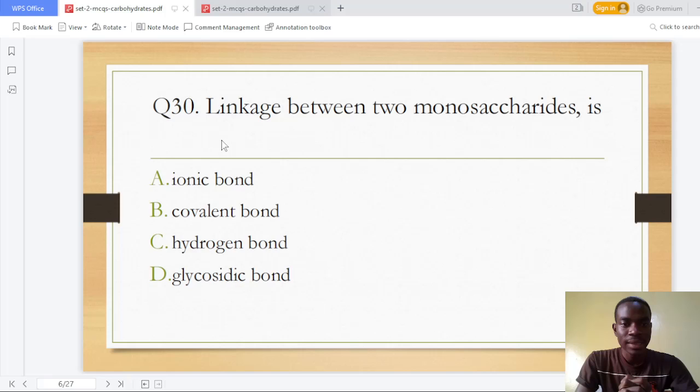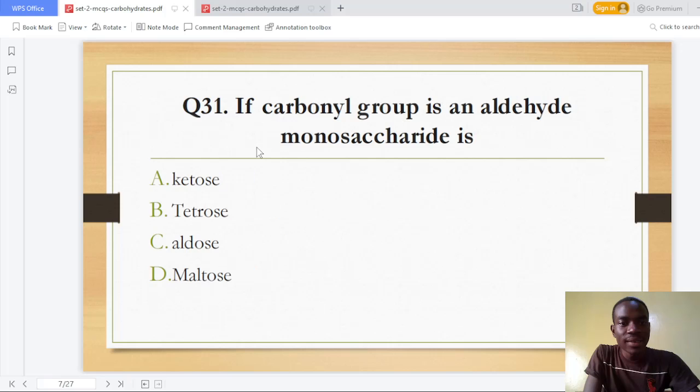Question 31. If carbonyl group is an aldehyde, then monosaccharide is A, ketose, B, tetrose, C, aldose, D, maltose.